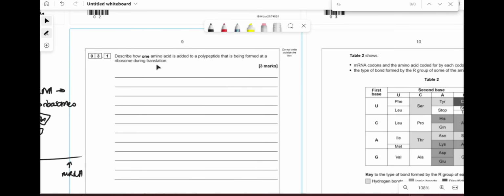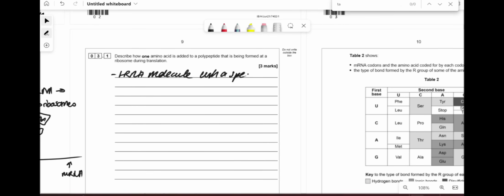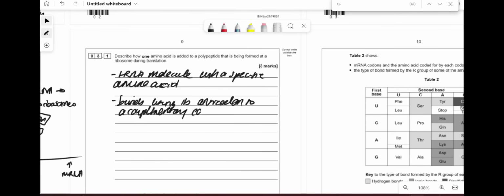Now it says, describe how one amino acid is added to a polypeptide that is being formed at a ribosome during translation. So there's already an amino acid there, and the next one is being attached. A tRNA molecule with a specific amino acid binds using its anticodon to a complementary codon on the mRNA.